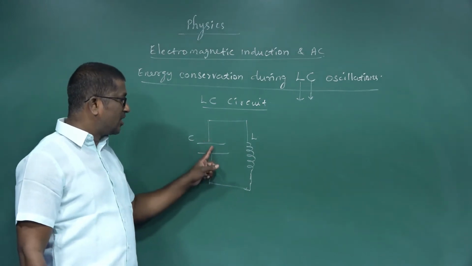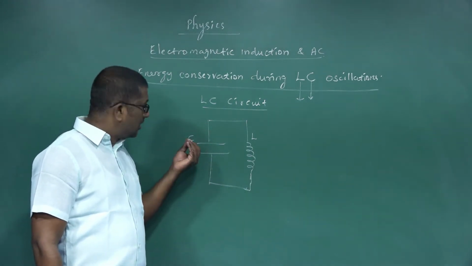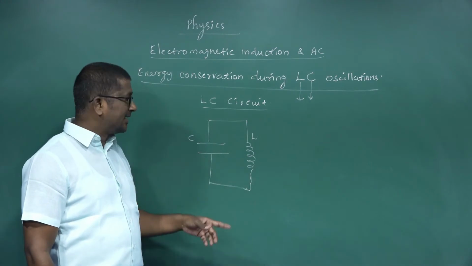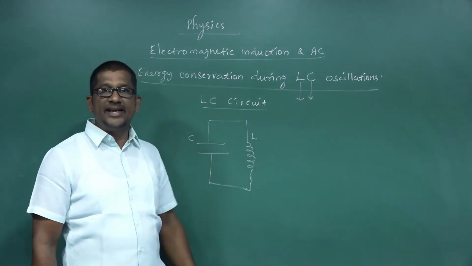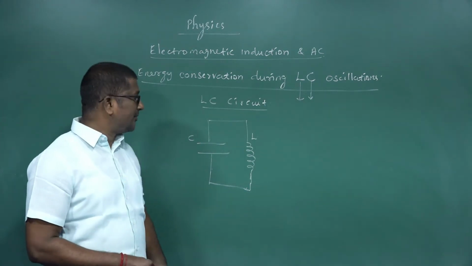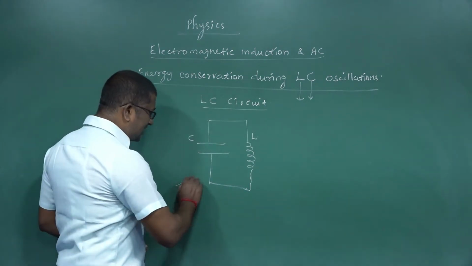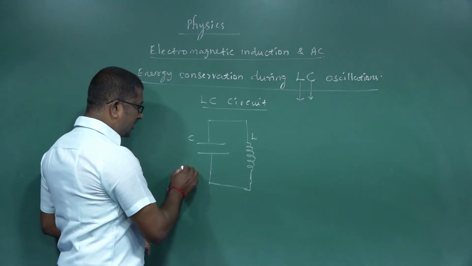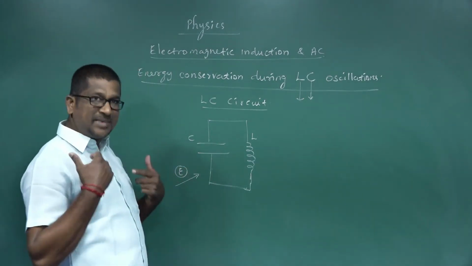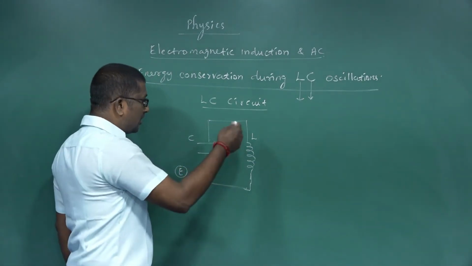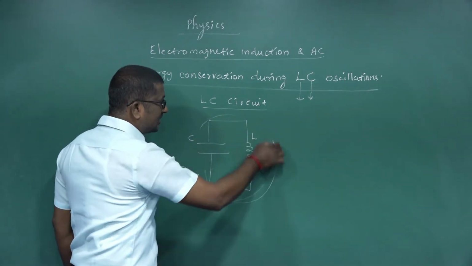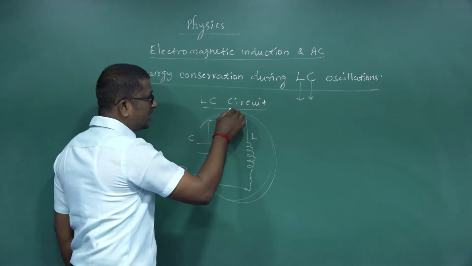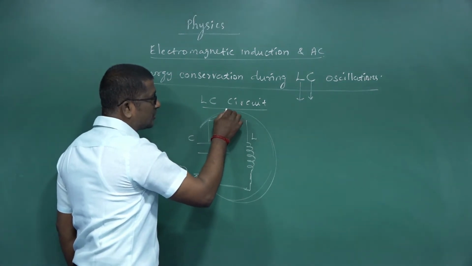The energy stored in the capacitor is electrical or electrostatic energy. The energy stored in the inductor is called magnetic energy. Whenever energy is given to this system from some external source, an electromagnetic oscillation is produced in the circuit.